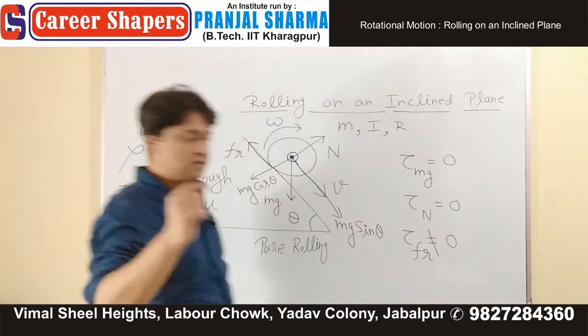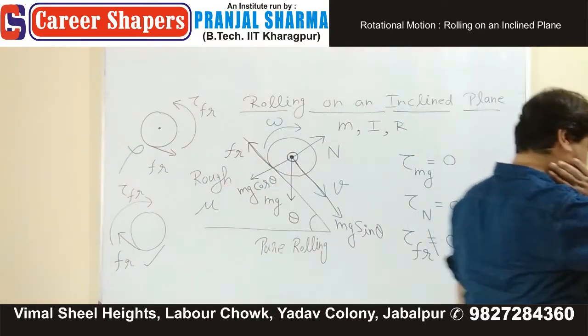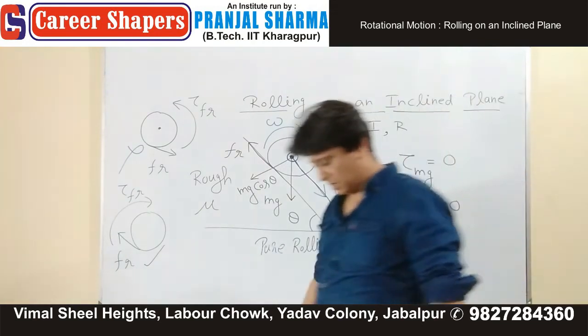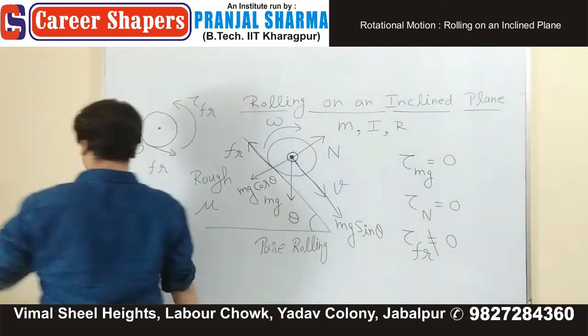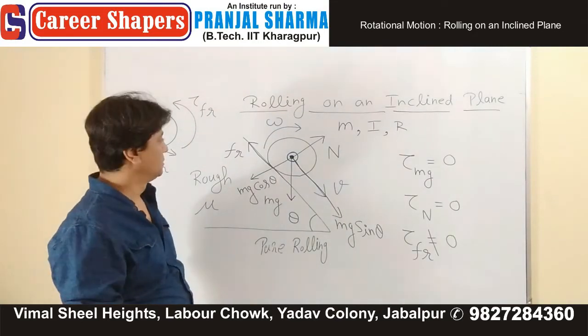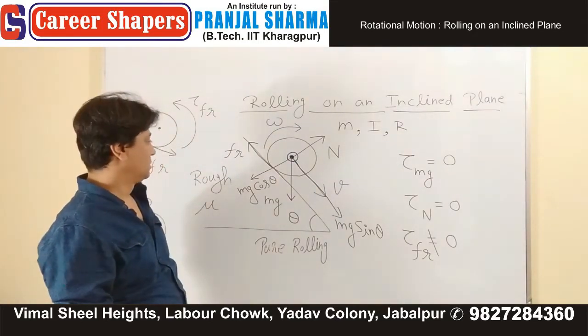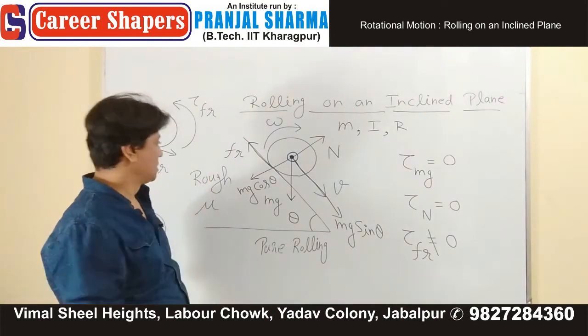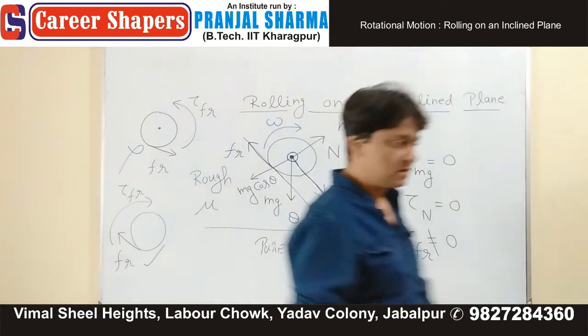If an object is released on a smooth inclined plane, then as it comes down, what will be present?